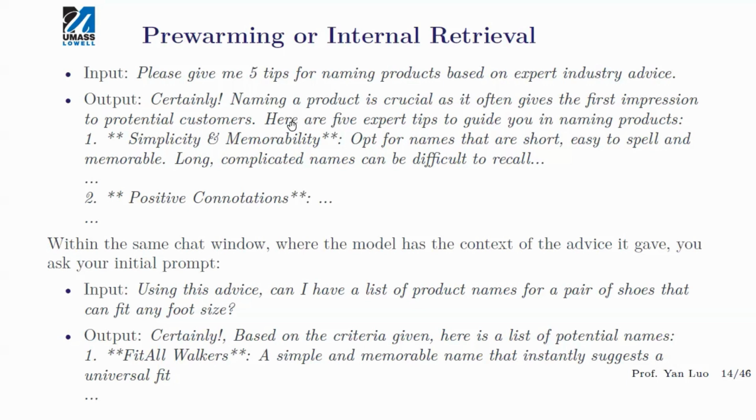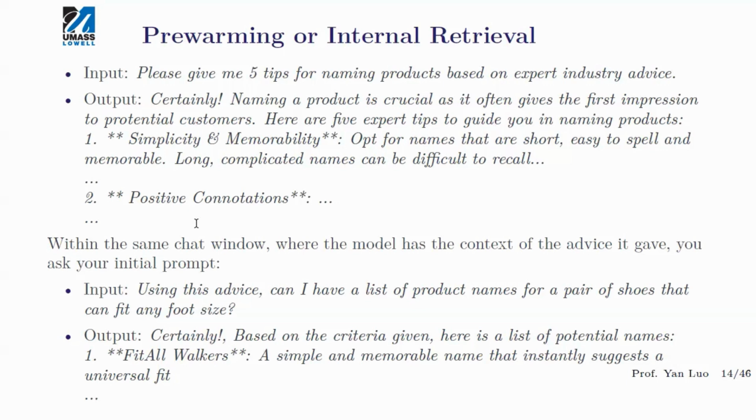So the model responds, there are 5 expert tips to guide you on naming a product: simplicity and memorability, positive connotations, etc. So you have a list of these tips here as the first completion. You know that you can keep asking questions, and these questions are organized in the same chat window, which we call the context.